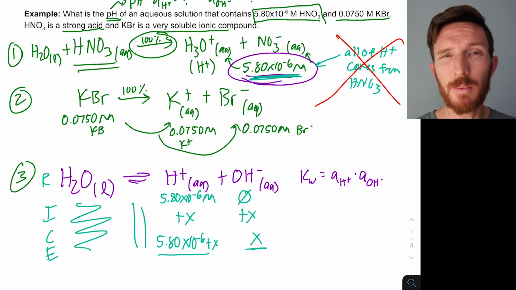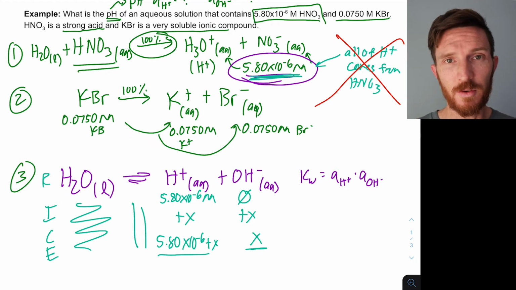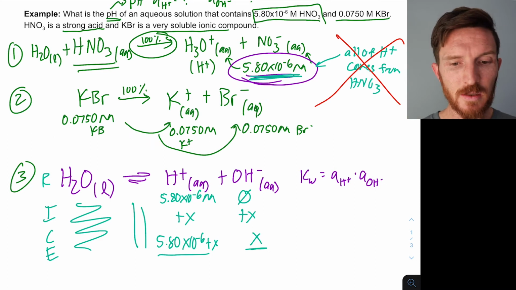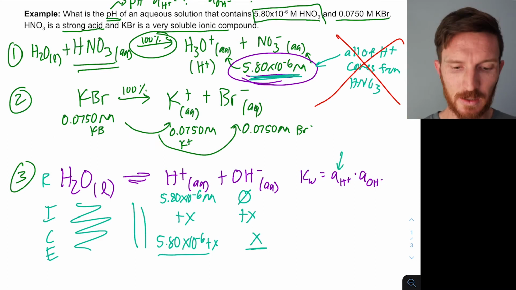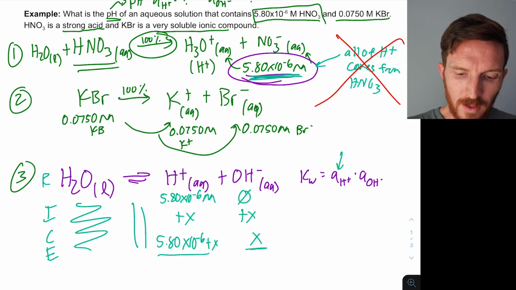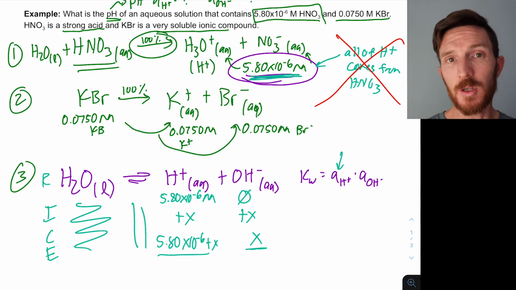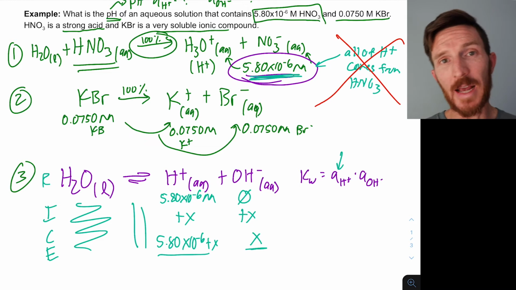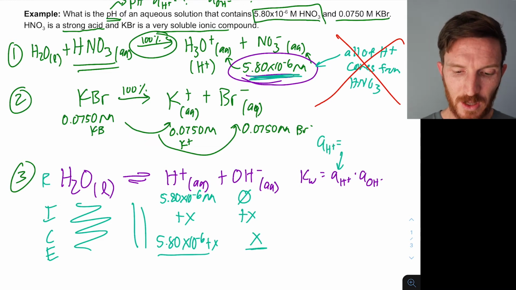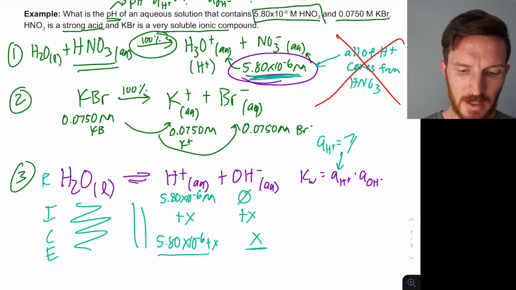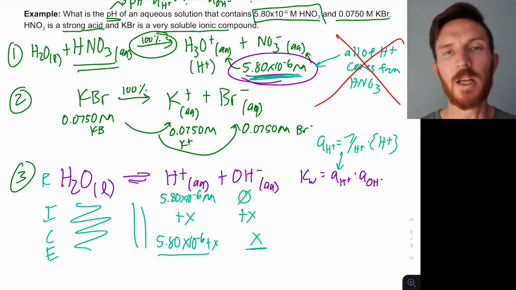Now we have this set up here. We see there's some contribution from the water to produce H+. The second question that we need to answer is, when we think about our Kw or our pH, do we need to focus on the deviance between activity and actual concentration? Now what we mean by that, we remind ourselves the activity of H+ is the gamma value of H+ times the actual concentration of H+.